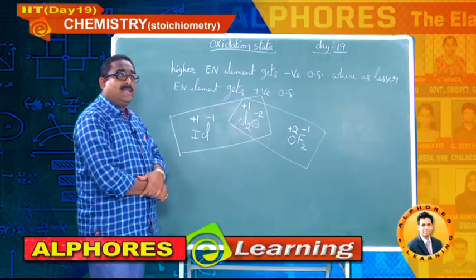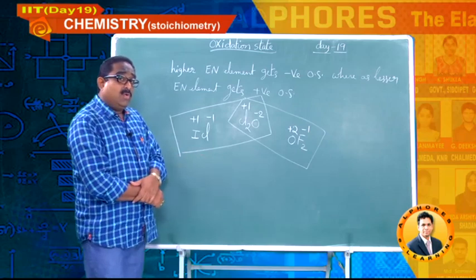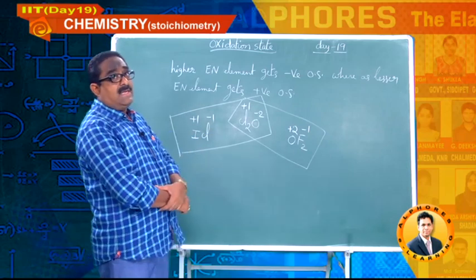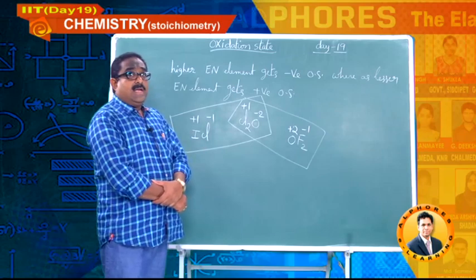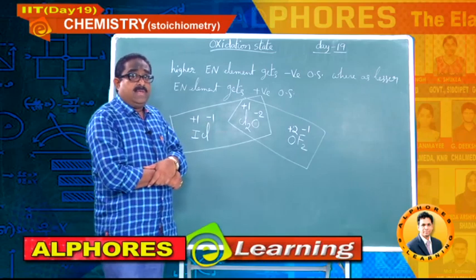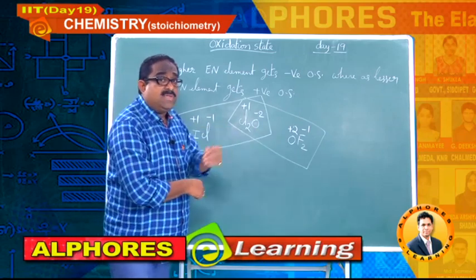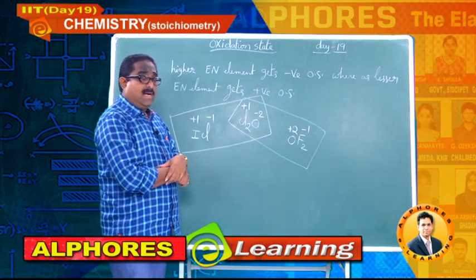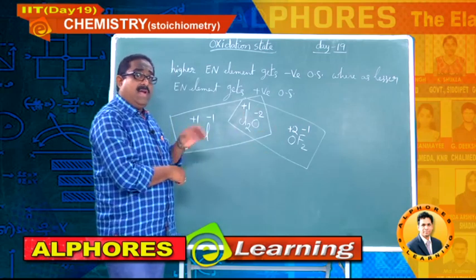Please note down, students. And after this I will go through the common oxidation states of different elements corresponding to 3rd A group to 7th A group. I will give the list, and then after that I will go for the next rule.